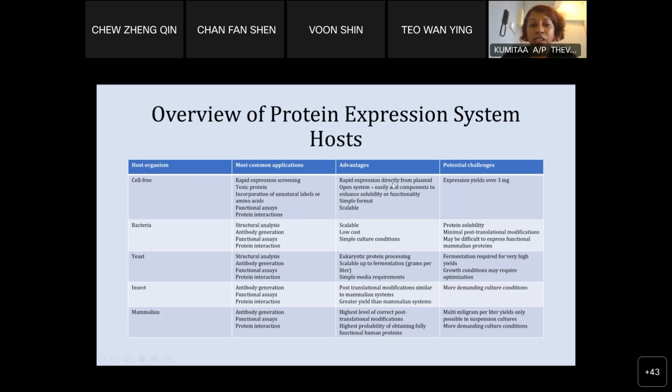There are different advantages across the different systems. Hopefully you are able to remember some of them, but if you are looking for high levels of PTM, then mammalian cells would be the best. There are also challenges as well. Protein solubility is one of the largest challenges when it comes to bacterial systems.